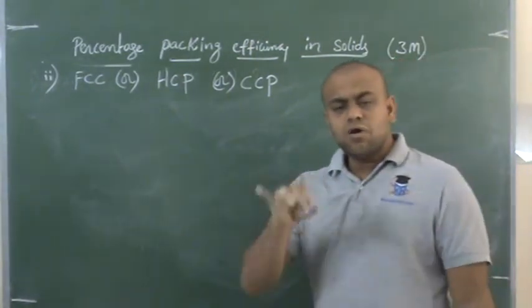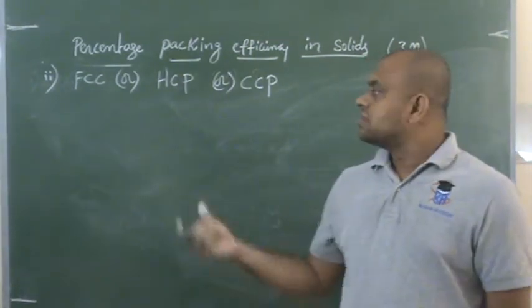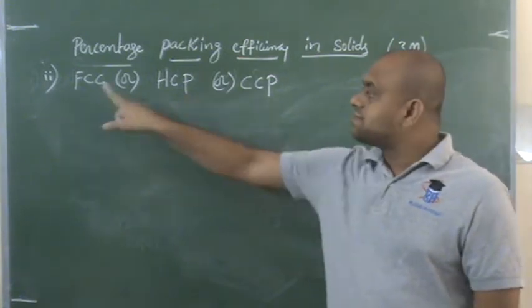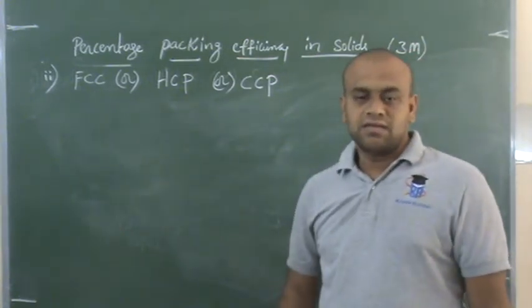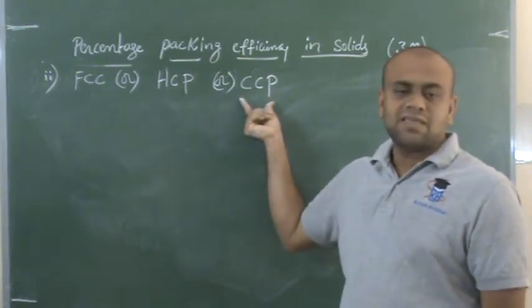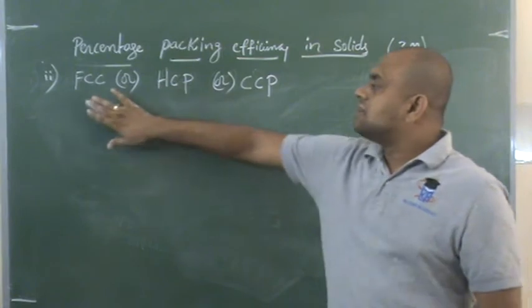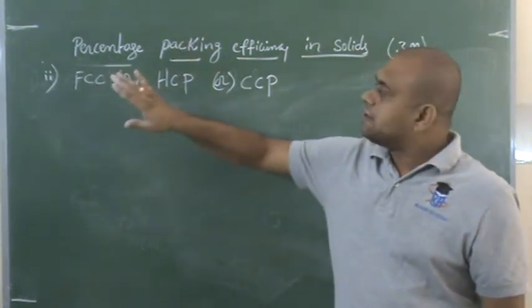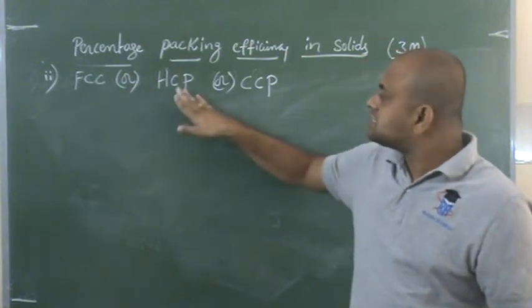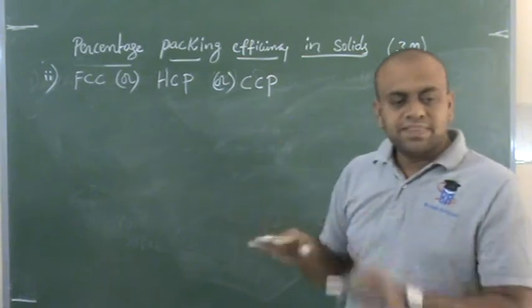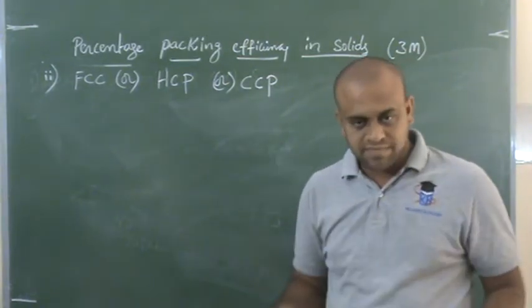Every year many students get confused regarding this. If they ask packing efficiency in FCC, they will write the answer. If anybody asks packing efficiency in HCP or CCP, they won't answer. Why? Because they study only FCC, FCC, FCC. You should remember that for FCC or HCP or CCP, the packing efficiency is the same.